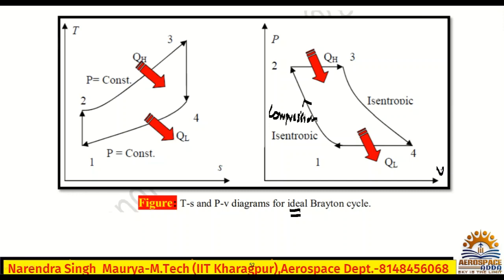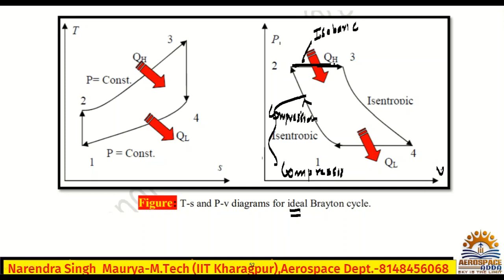Where compression will take place, I told you, in which component? The compressor. Then 2 to 3 we are adding heat. So where are we adding heat? We are adding heat at constant pressure. Constant pressure means isobaric.